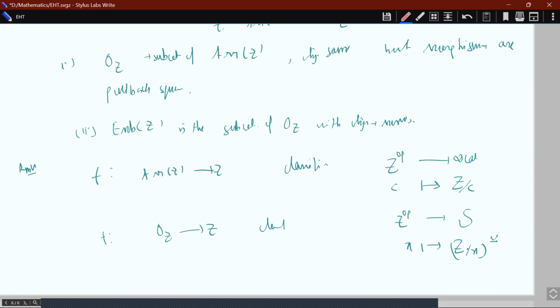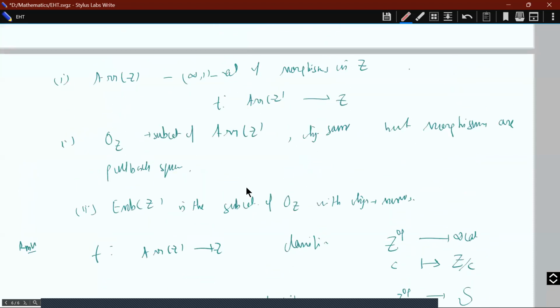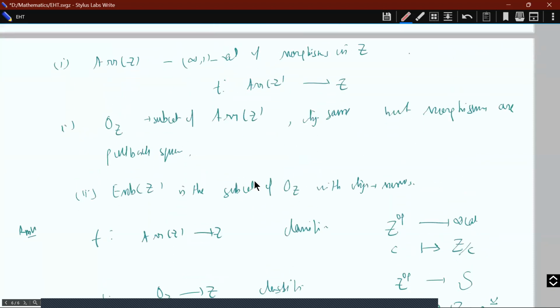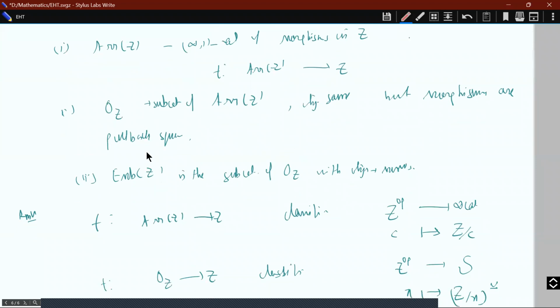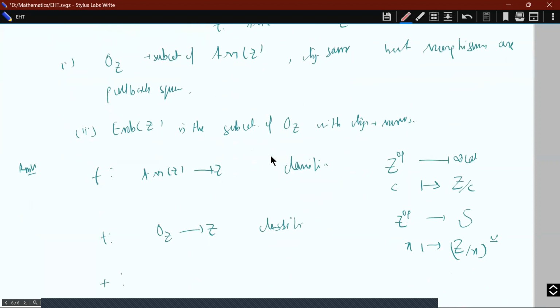Can you explain once more what the definition of OZ is? OZ is a subcategory of the arrow category whose morphisms are the pullback squares, as simple as that. The arrow category is the infinity one category of morphisms, and for OZ you just take the pullback squares as the morphisms.